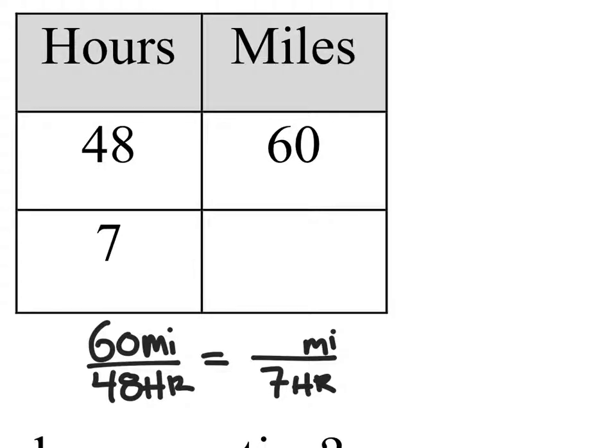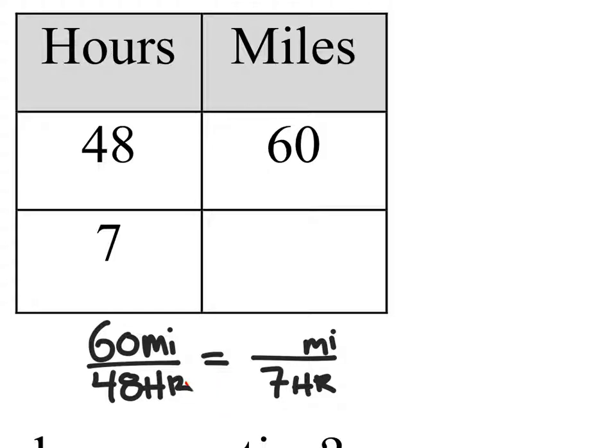So far we've been using the method that we call scale factors, where we multiply or divide the numerator and denominator of one fraction by the same thing in order to get the new fraction. For example, we want to divide 48 by something to get 7, so that it becomes smaller. What do we divide it by?